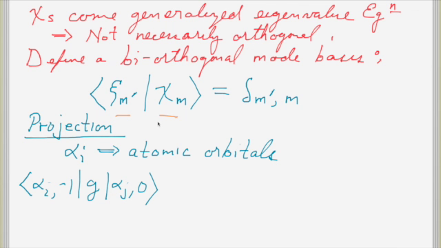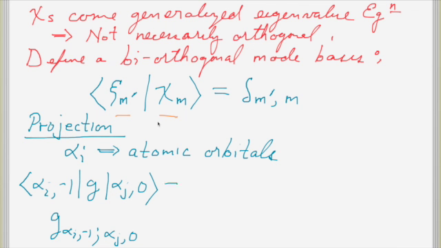This is what I mean by G sub alpha I -1, alpha J 0: from site 0 to -1, from orbital alpha J to orbital alpha I. That's what we mean.